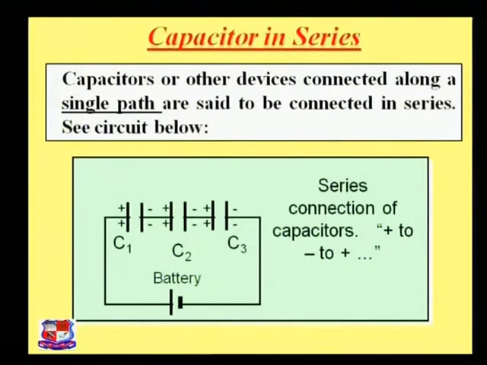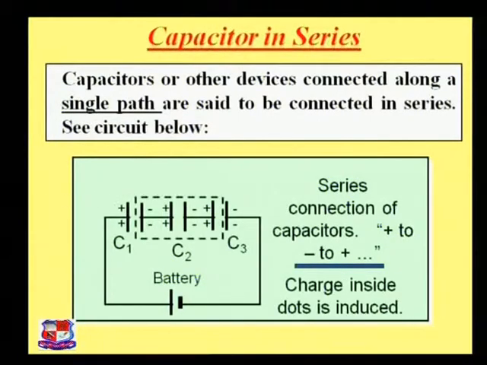The negative of the first capacitor is connected with the positive of the second capacitor, and the negative of the second capacitor plates is connected with the positive. So ultimately the terminal configuration is such that it is positive-negative for each and every capacitor. So this is known as the series form of the capacitor. And here the dotted line indicates the charge inside all three capacitors.